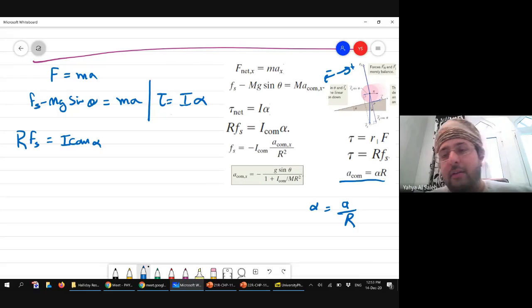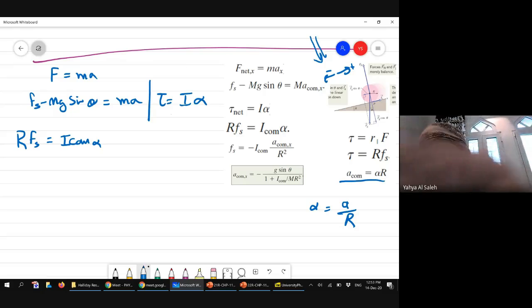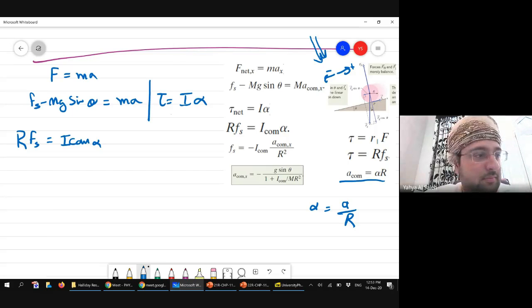Down, right? And what did I say down is? I defined down to be minus. So now when I am substituting alpha, I need this A to be also minus because it's going downwards.